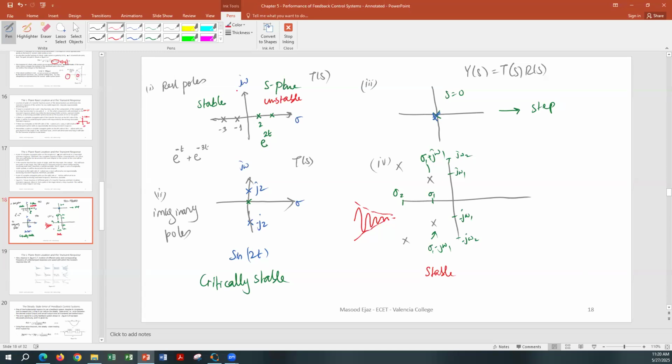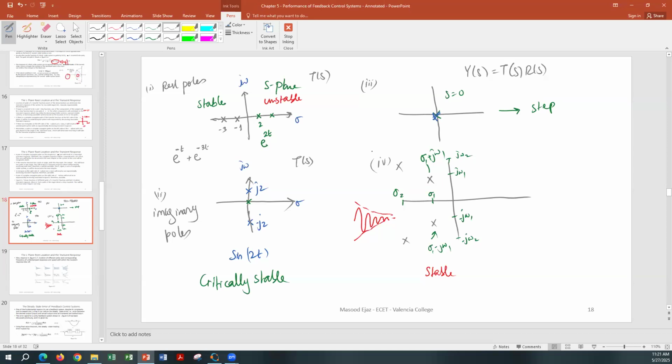Generally, as I said, we go with the transfer function to determine the transient response, because the transient response comes from the transfer function.